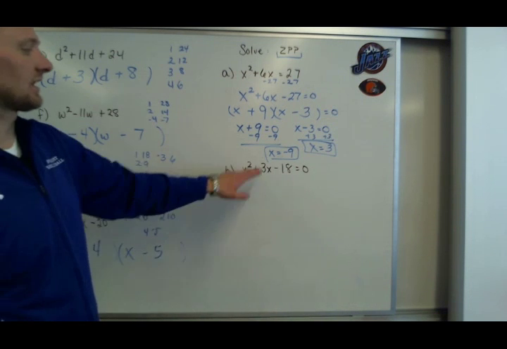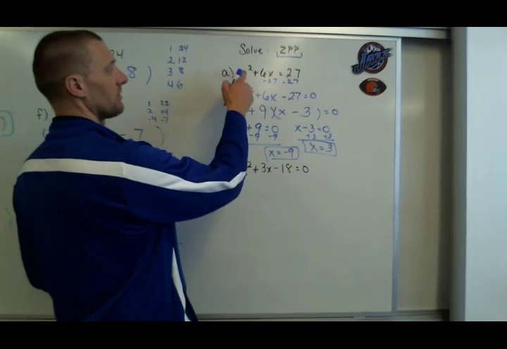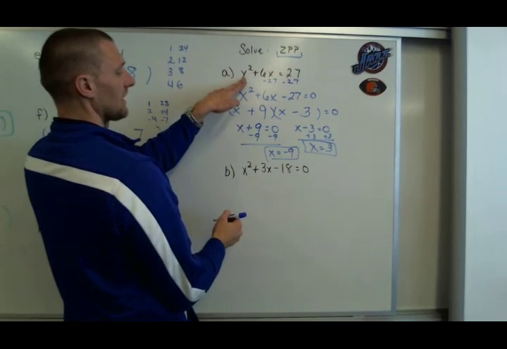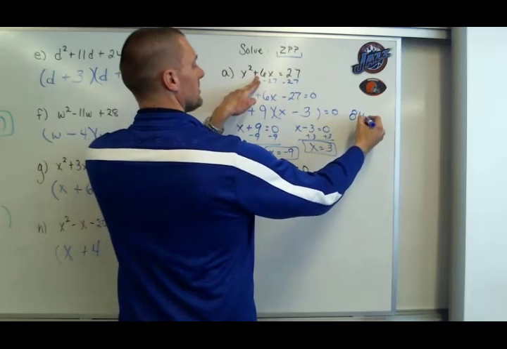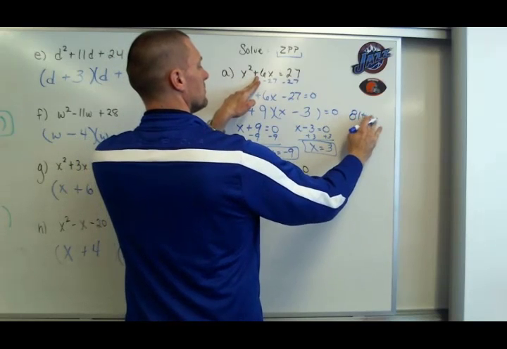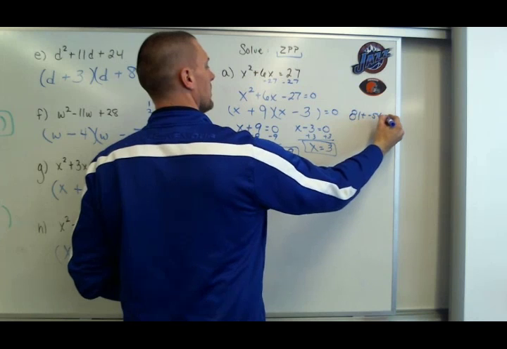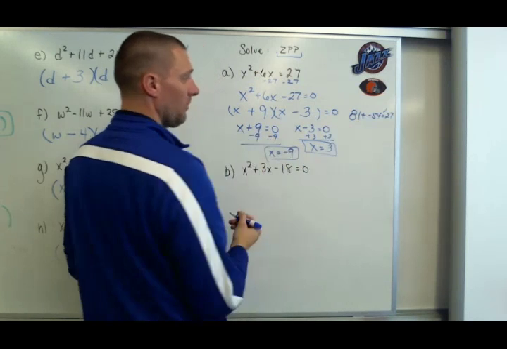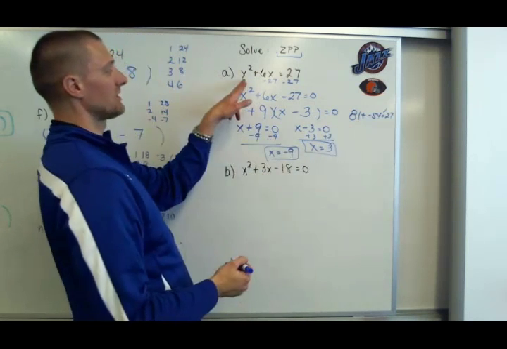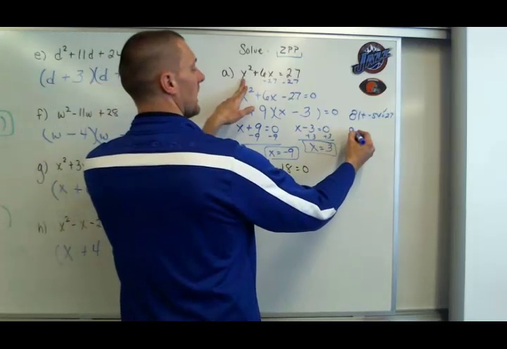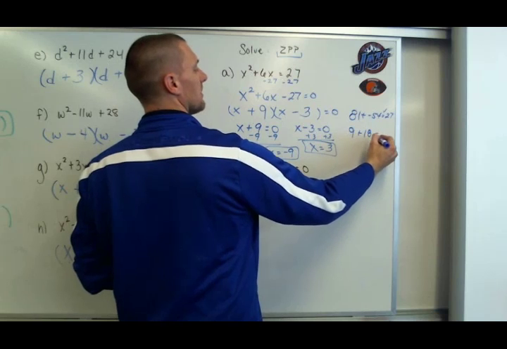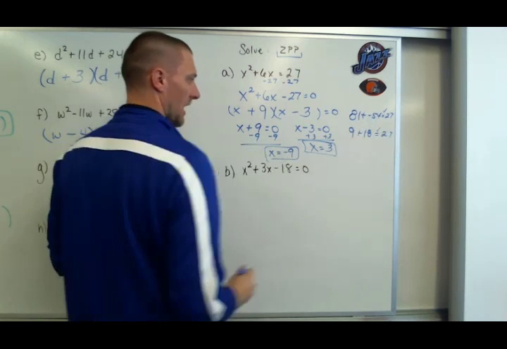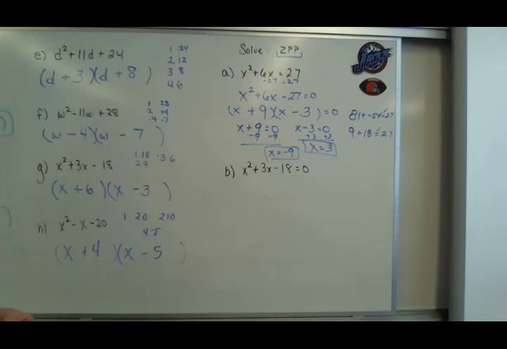So if I take my negative 9 and substitute it back into my original problem, I get negative 9 squared, which is a positive 81, plus 6 times negative 9 is a negative 54, equals 27. That works. I can take my 3 and do the same thing. So 3 squared is 9, plus 6 times 3, which is 18, equals 27. That works. And there's your two answers, negative 9 and positive 3.